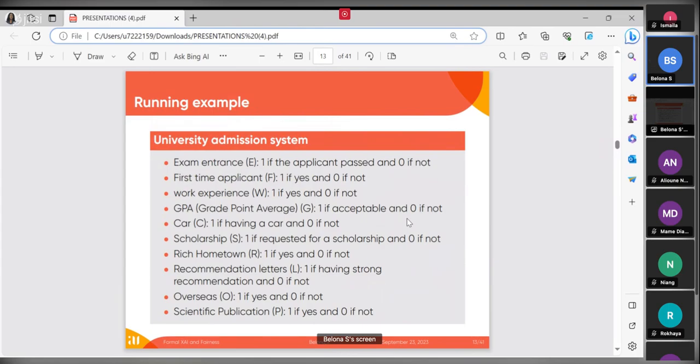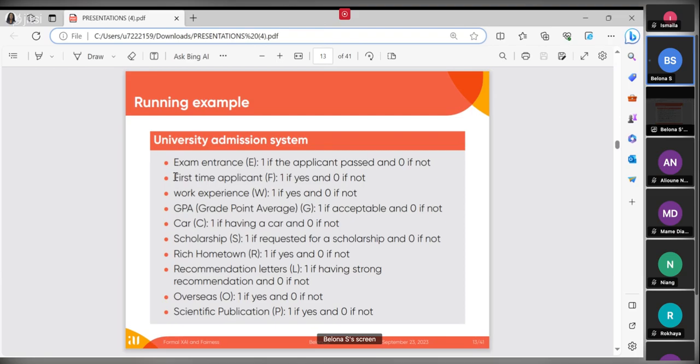To make it simple, we will have a case study example that will help us understand concepts in the presentation. We will use an example of a university admission system, with these features that the system is using. We have the entrance exam, which is one if the applicant passes it, or zero if not.